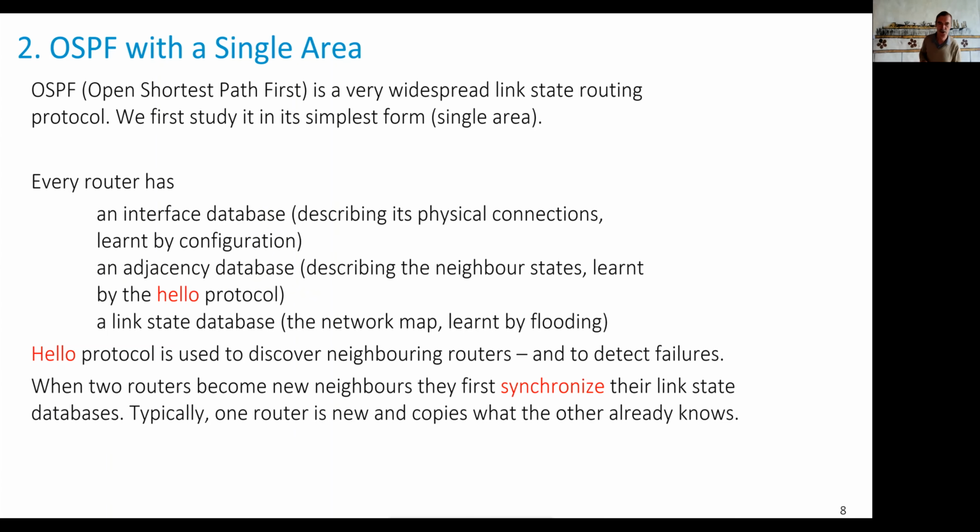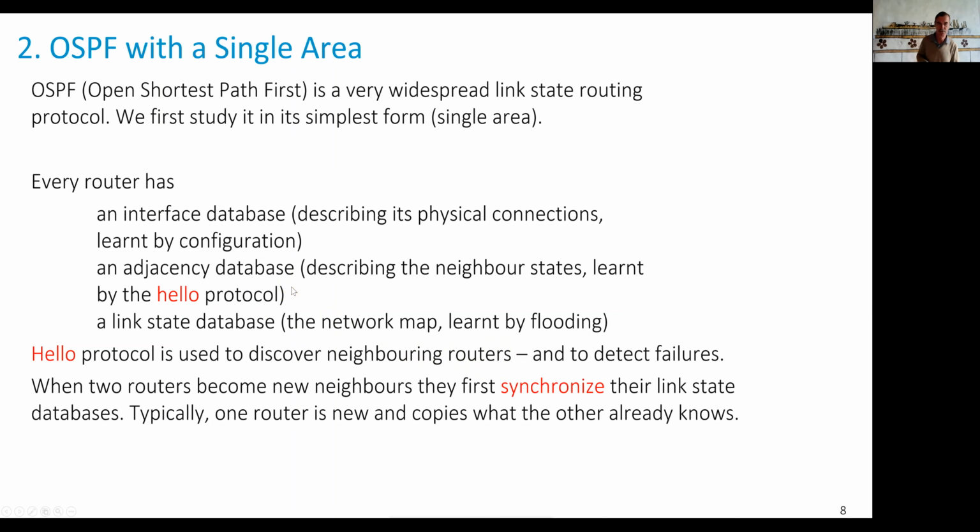Plus, it also needs to know who the neighboring routers are. So a router that runs OSPF must be configured to allow neighbors to talk to it using the hello protocol and also some cryptographic means that we will describe a bit later. The hello protocol takes the role of discovering neighboring routers and detecting failures.